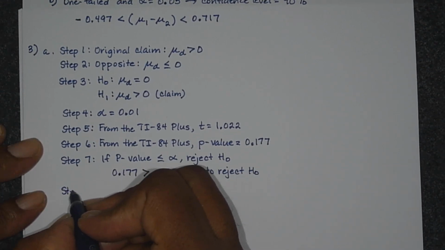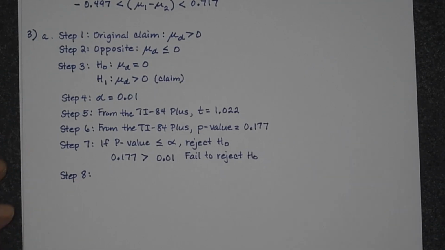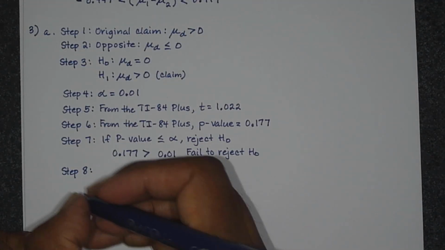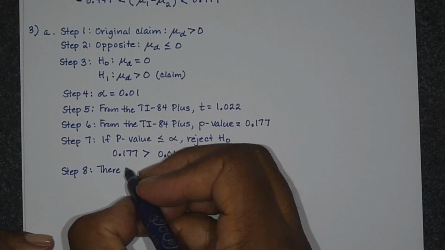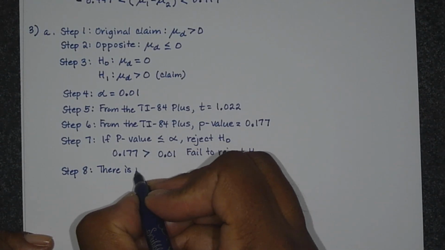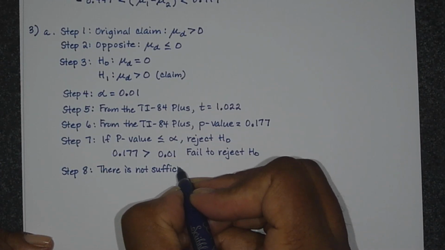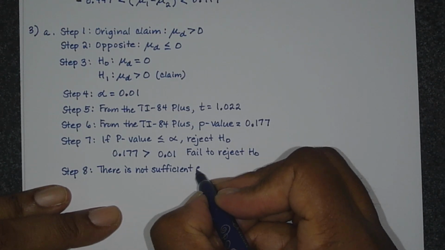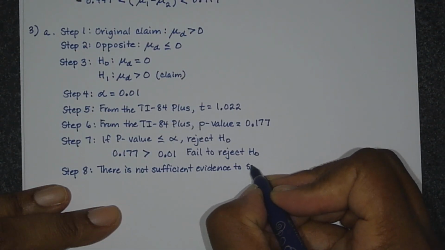And then step number 8 is coming up with our conclusion using simple non-technical terms. Well, the claim was the alternative hypothesis. We failed to reject this null hypothesis. That means that there is not sufficient evidence to support the claim.